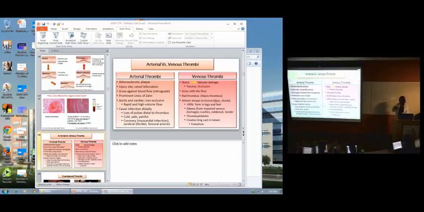Remember, it's not supplying blood there, so that's why it tends to be cold and pale and also painful. The arterial thrombi that are really of significance are the coronary one, where you talk about myocardial infarction, or cerebral, when you talk about stroke. You also can have femoral arteries, but it's usually more common in the femoral veins.